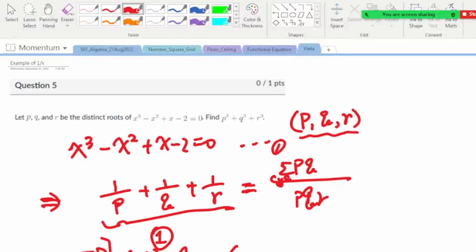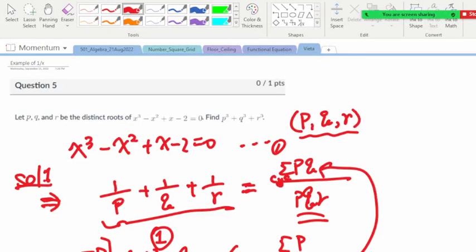And the cyclic sum of pq, each one has two roots, so it's the power of 2, then a(n-2) over a(n), right? So basically we know the sum of the p, the sum of the pq, and the pqr, and we can apply it here. That's solution 1.